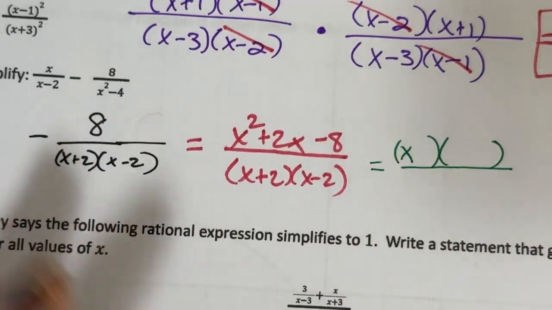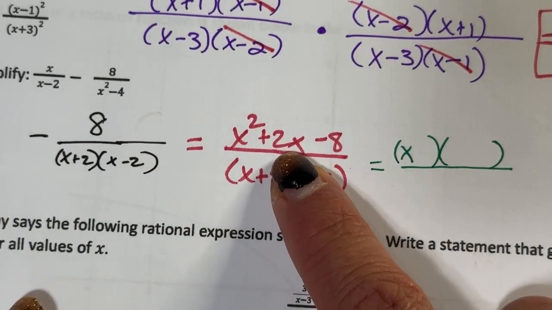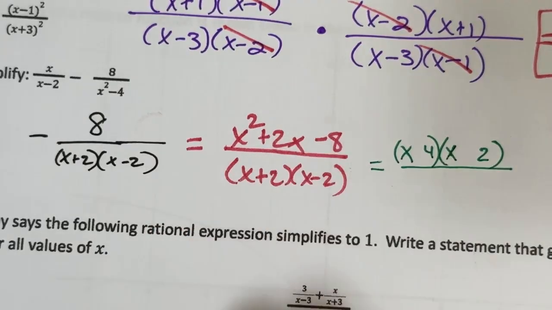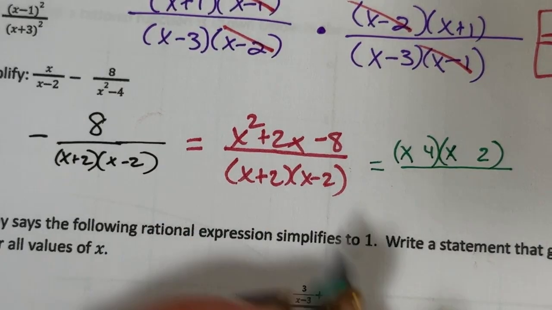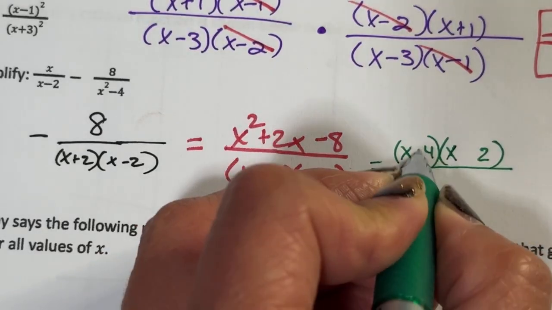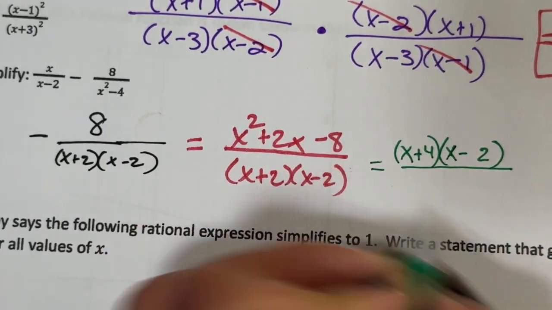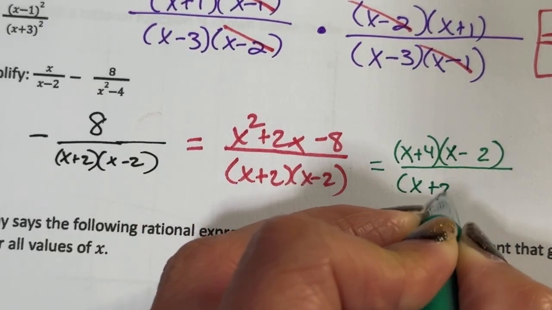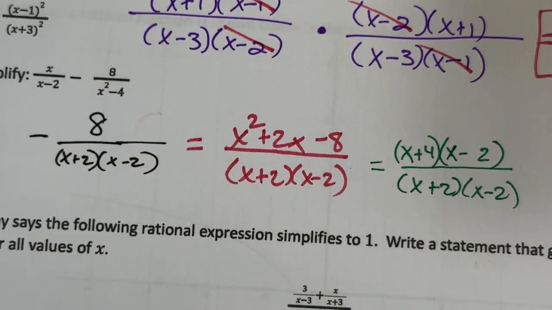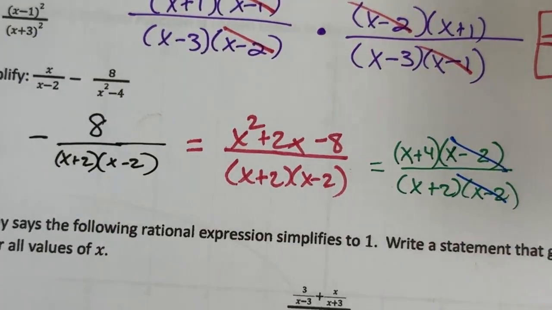Let's see, two numbers that multiply to -8 and add up to 2. Well, I know it's got to be a 4 and a 2, but it's got to multiply to -8, so one of these is negative. It's got to add up to +2, so the 4 needs to be positive. Oh, and something is going to cancel. The x minus 2's.